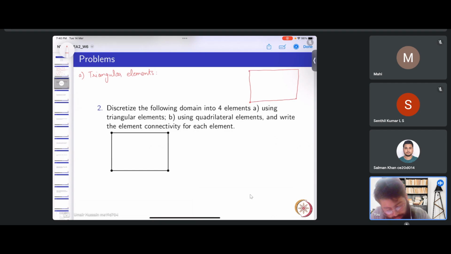So we need four triangles, right? Okay, just connect using the diagonals. We have element 1, element 2, element 3. Just give the usual numbering to the nodes.